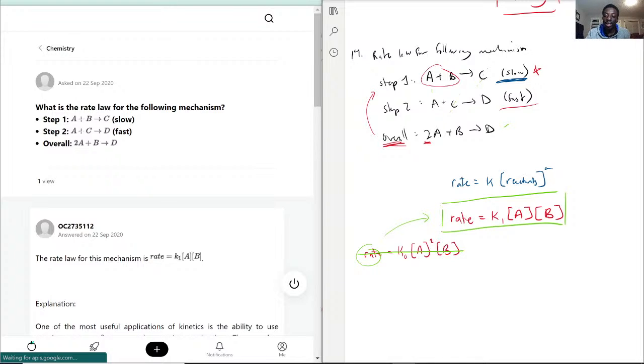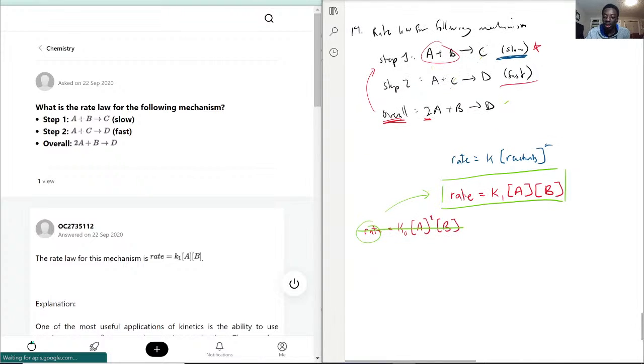If for some reason they said step 2 was the slow rate, our overall rate would be K2 for the second one, A, because we still have a coefficient each time of 1, C. That would be our rate if it was slow for the second step.